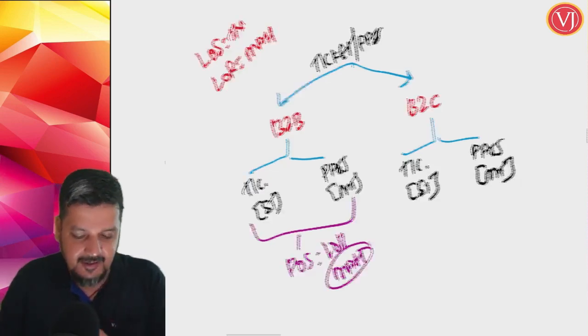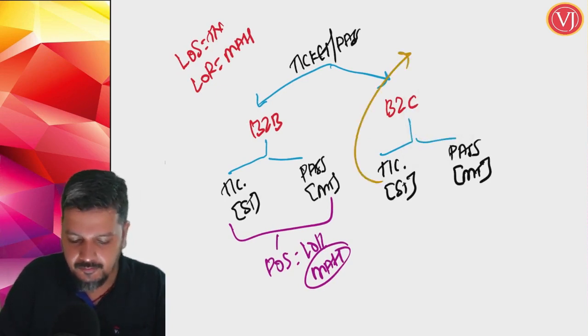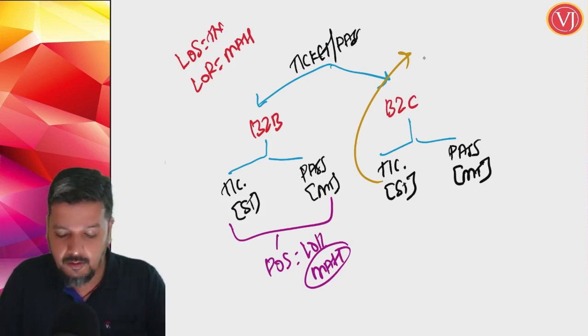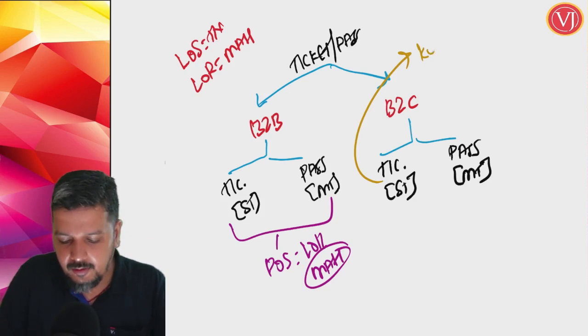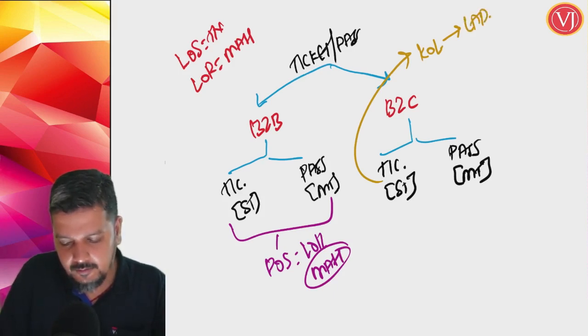Now, if it is a ticket, let us assume that I'm taking other places where you are talking about neither Tamil Nadu nor Maharashtra. I am going to travel from say Kolkata to say Ladakh.